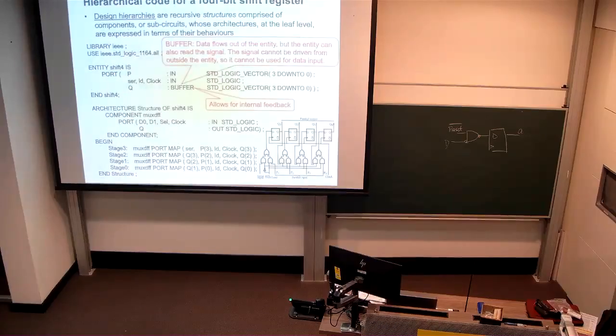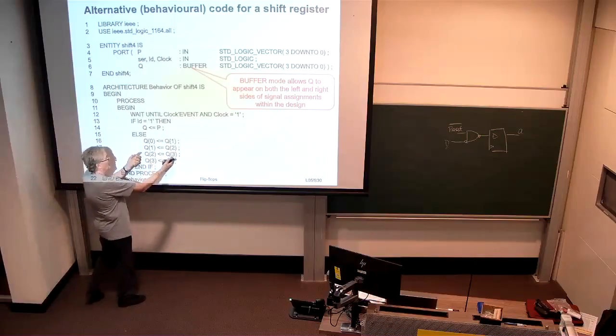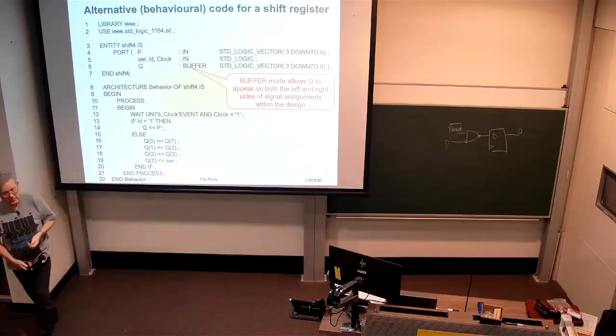So these are specifying the same thing. These are structural specification. This is a behavioral specification. We've still got our buffer up the top here because clearly now we're using Q on both the right-hand side and left-hand side of assignment statements.